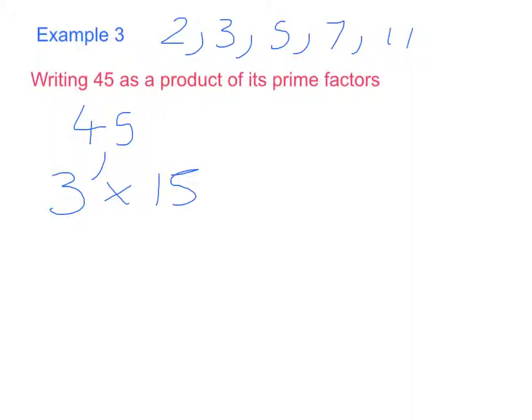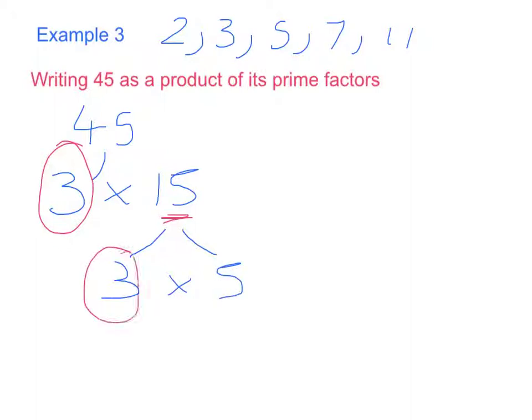And because 3 is prime, I want to keep it. 15 isn't prime because I can divide it by 3 and 5. So now I need to split 15 up again. Is it in the 2 times tables? No. Is it in the 3 times tables? Yep. 3 times 5 gives me 15. 3 is obviously prime, that's why I chose it.